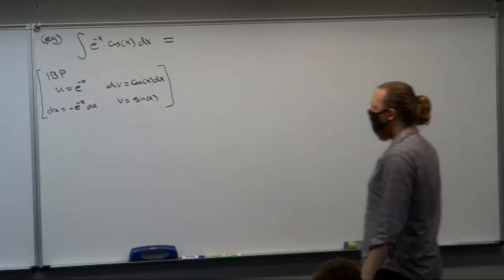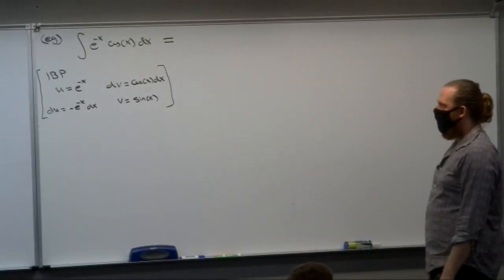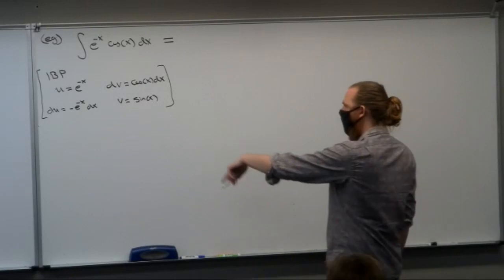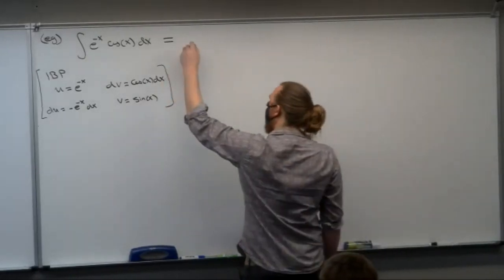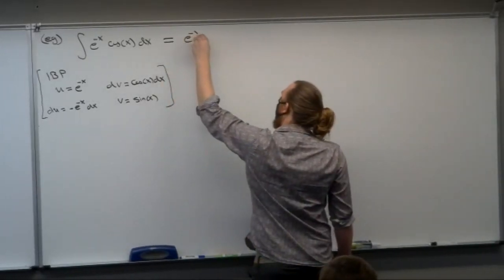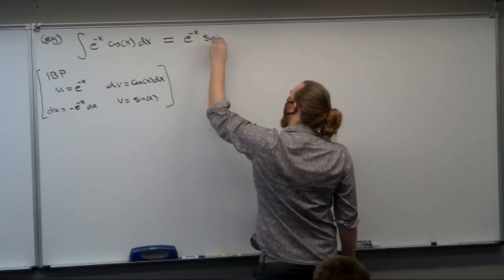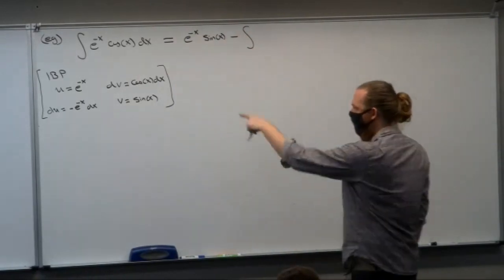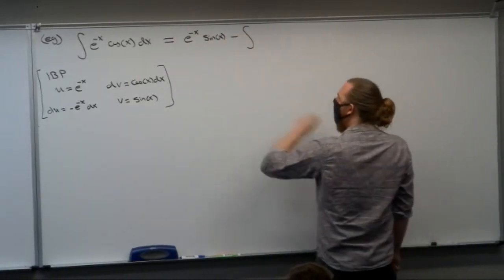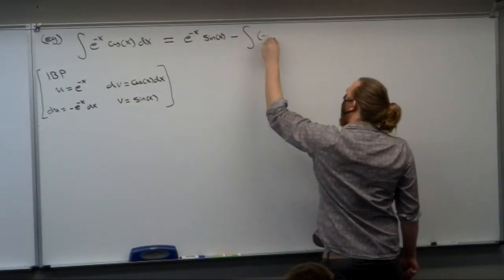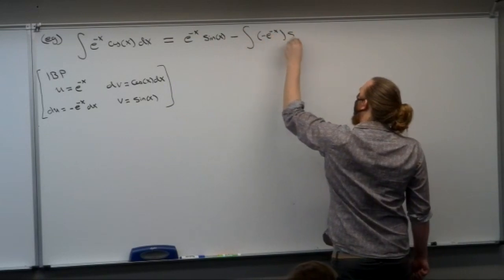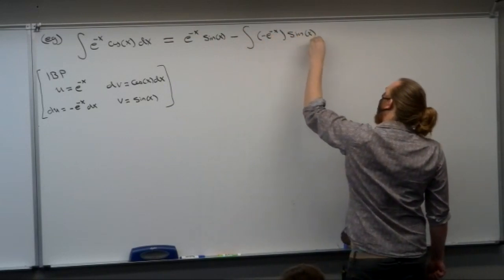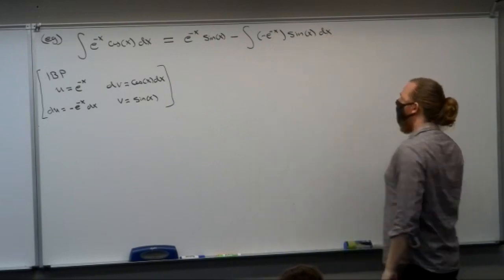If I apply my integration by parts formula with this table, I get u times v, that's e to the negative x sine x, minus the integral of v times du, which I'll write as negative e to the negative x sine x dx.